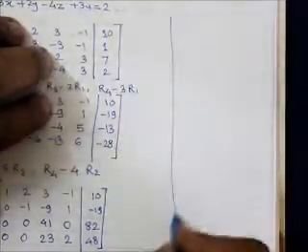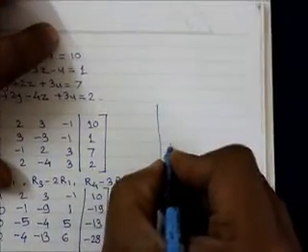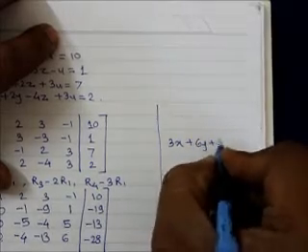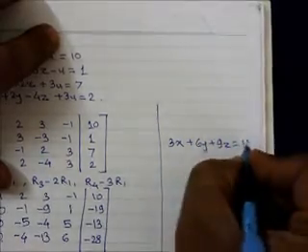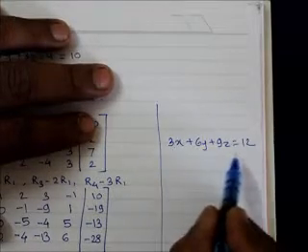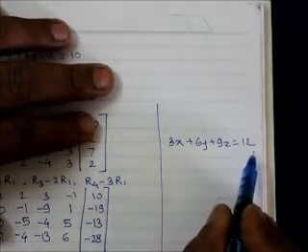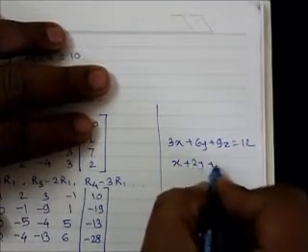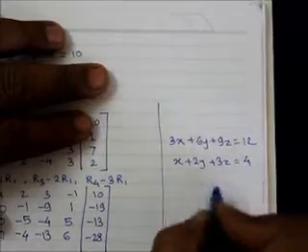For example, suppose the first equation is something like this: 3x plus 6y plus 9z is equal to 12. Then what you can easily do is divide the whole equation by 3, so that's going to give you x plus 2y plus 3z is equal to 4.